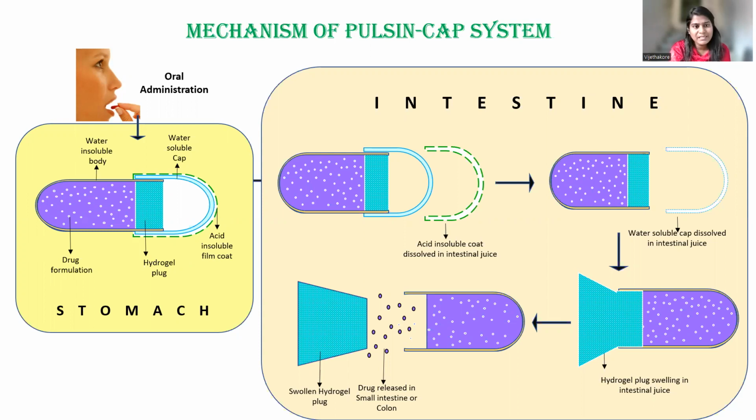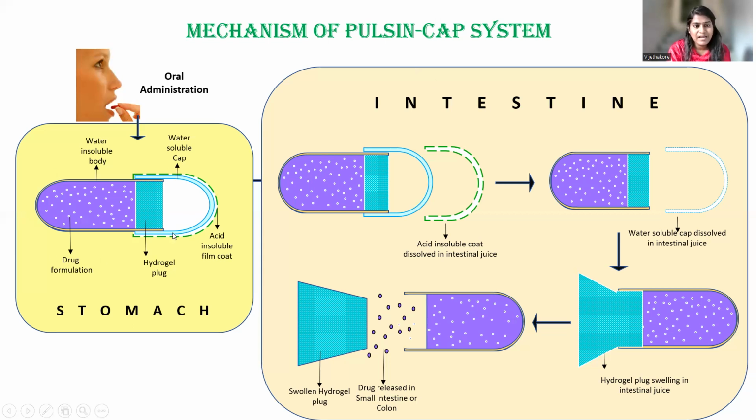Nothing is going to degrade or solubilize in the stomach, because the body is made up of water insoluble polymer, which will not get dissolved in the GI fluids, and the cap is coated with acid insoluble film coat. This coat will not get dissolved in the stomach because the pH of the stomach is acidic in nature, so the polymer will not get dissolved.